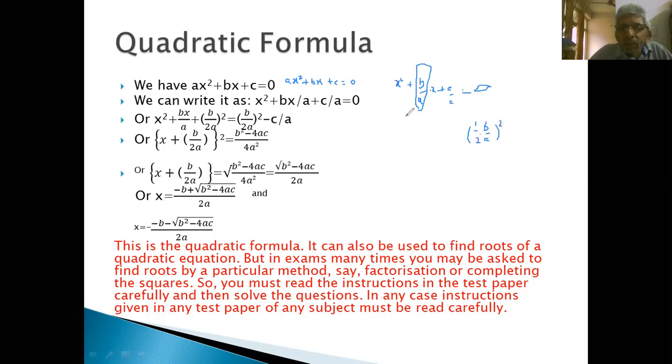Before that, in this equation, we take the constant term to the right side. So we get x square plus b by a into x is equal to minus c by a.